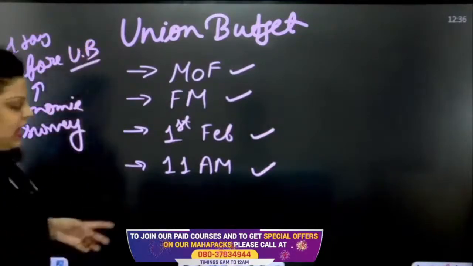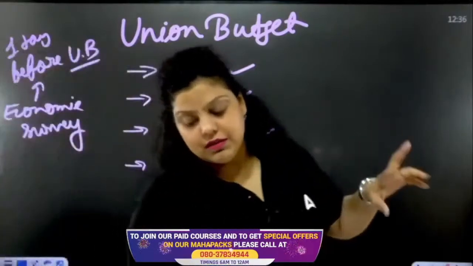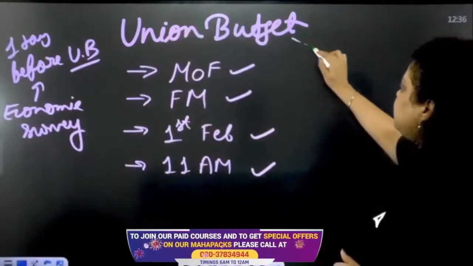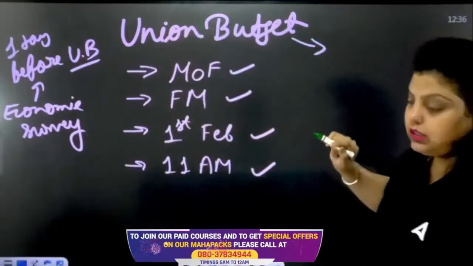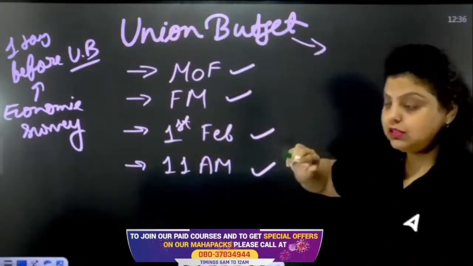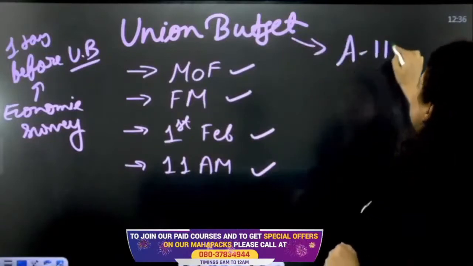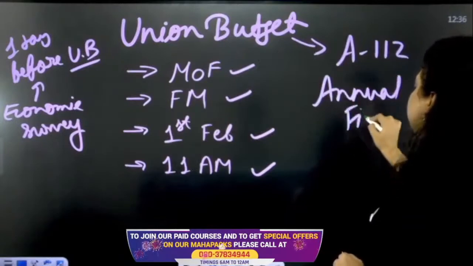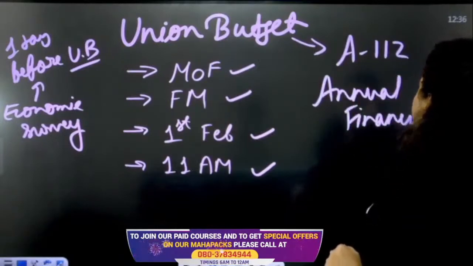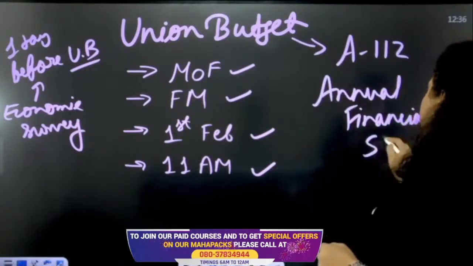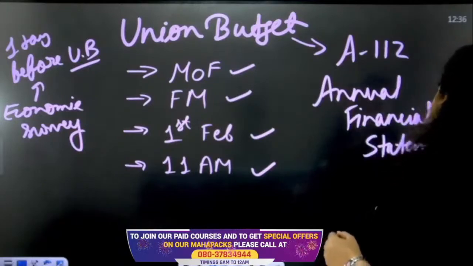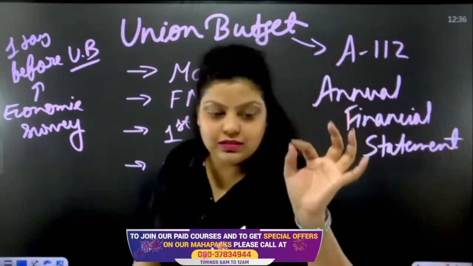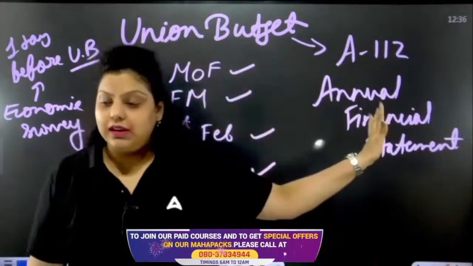Now I have discussed what the union budget is and when it is prepared. One more important thing: in our constitution they haven't used the word budget. In Article 112 they have used the term annual financial statement. So the annual financial statement is defined under our constitution in Article 112.